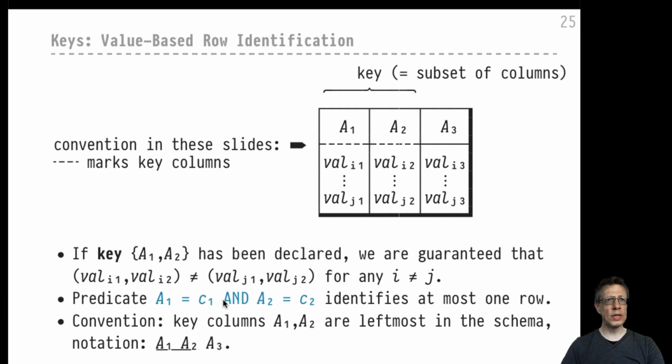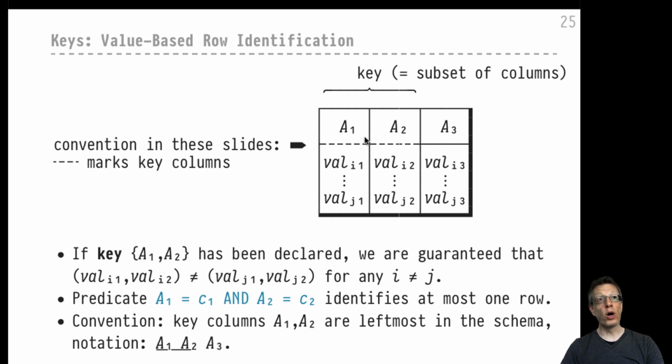There's a convention when you work with such tables that all the key columns are assembled on the left-hand side of the table head. So A1 and A2 are the key columns, and they are presented on the left-hand side of this table schema. But that's just a convention I try to follow, and that most textbooks follow, for easy orientation.